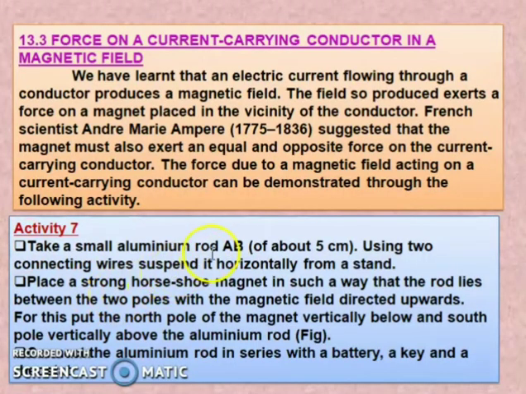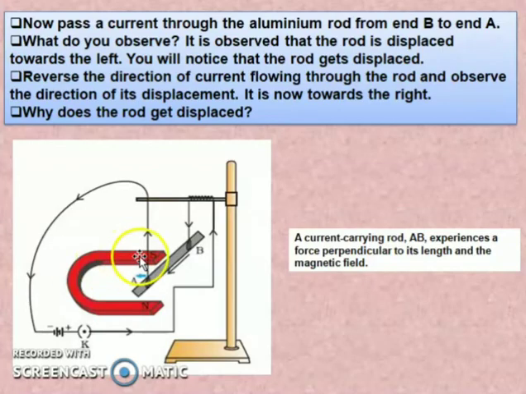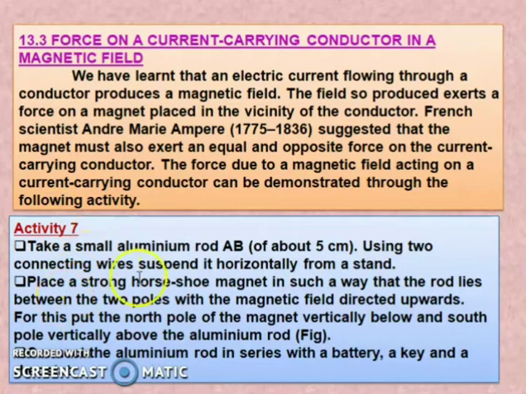So the aluminium rod AB is suspended horizontally from the stand using a connecting wire. Now place a strong horseshoe magnet in such a way that the rod lies between the two poles, with the magnetic field directed upward.